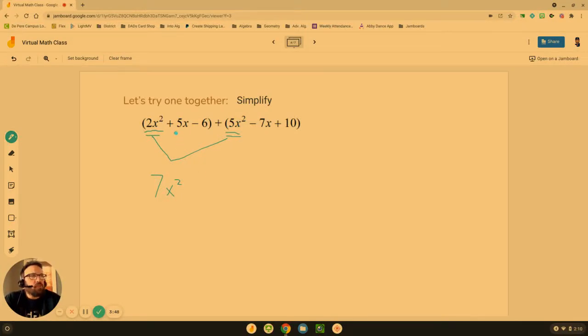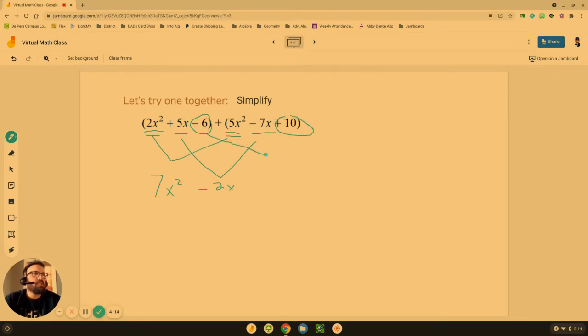Then I go to the next one, right? This one has 1 variable, this one has 1. So a positive 5 plus a negative 7 gives me a negative 2x. Okay. And then last we have what are called constants, when they don't have any variable. A negative 6 plus this positive 10.